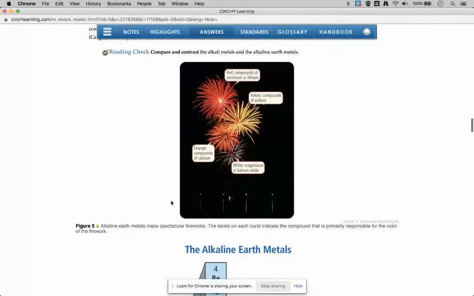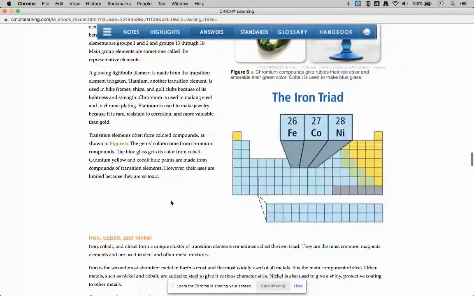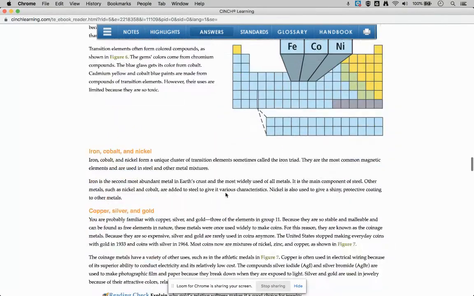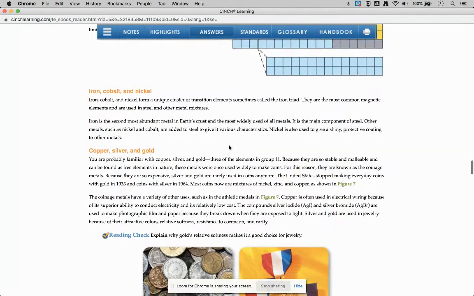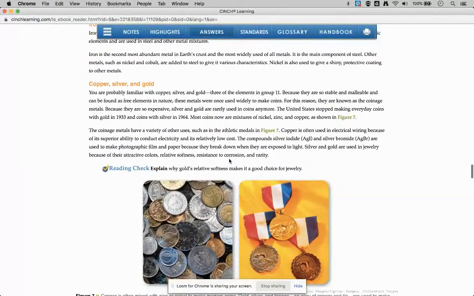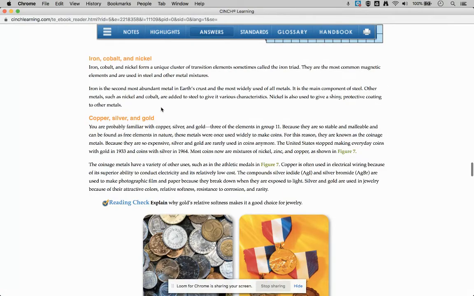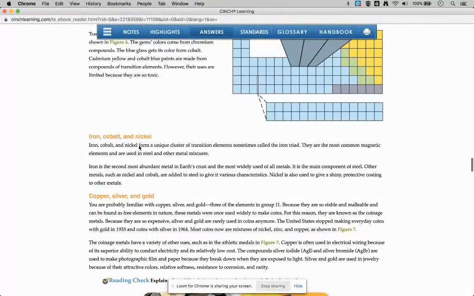So back to your Cinch book here, the iron triad is going to be these 3 elements right here. It's going to be iron, cobalt, and nickel. And these things are used in a variety of different ways, but we typically see them with like coins and metals and things like this. Copper, silver, gold, these are used for things. The iron triad itself is going to be used more for components of steel.